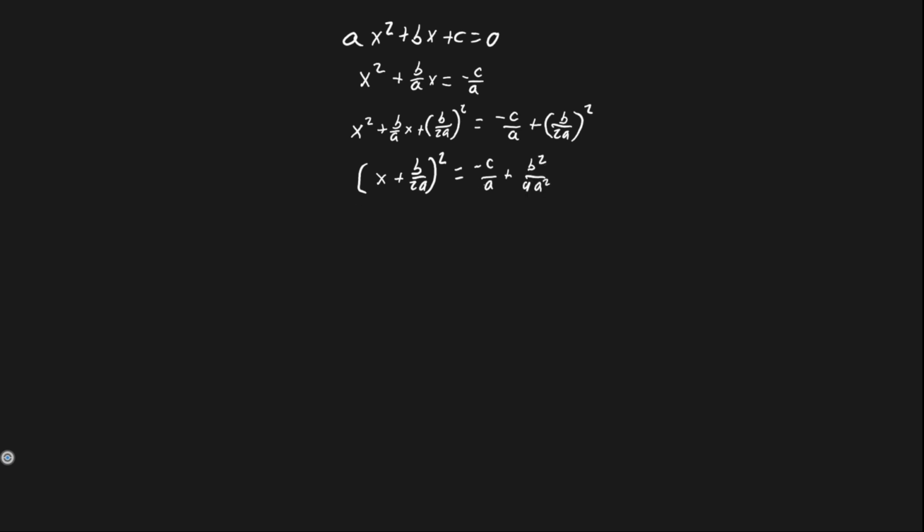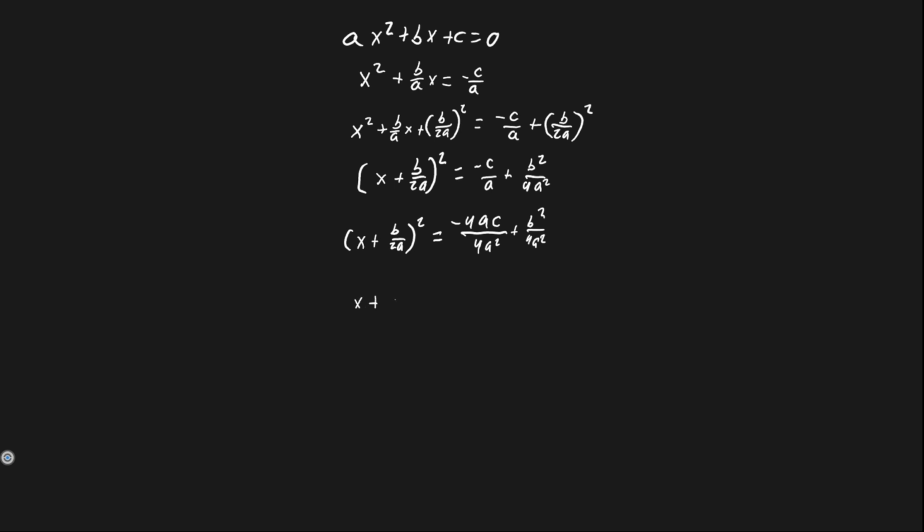squared. And simplifying the right side, we have x plus b over 2a squared is equal to negative 4ac over 4a squared plus b squared over 4a squared, where we could group the like terms since they have the common denominator at the bottom, and take the square root.